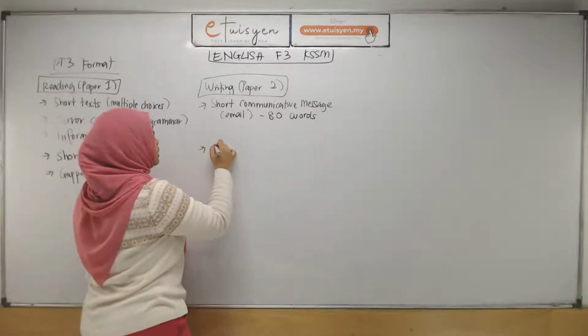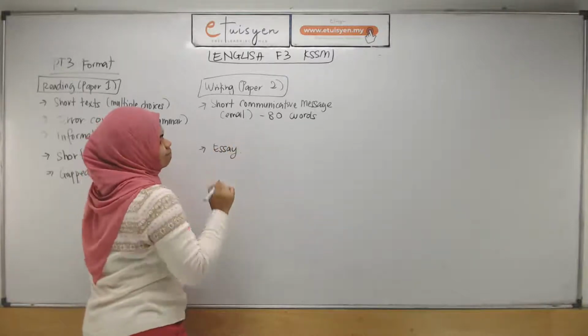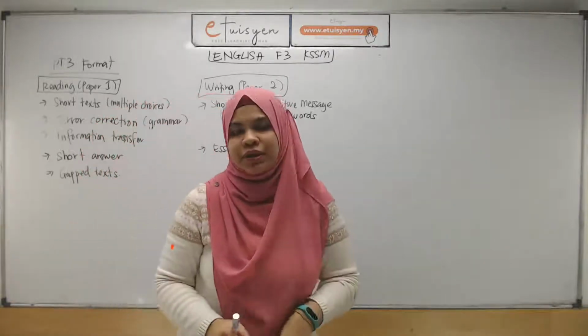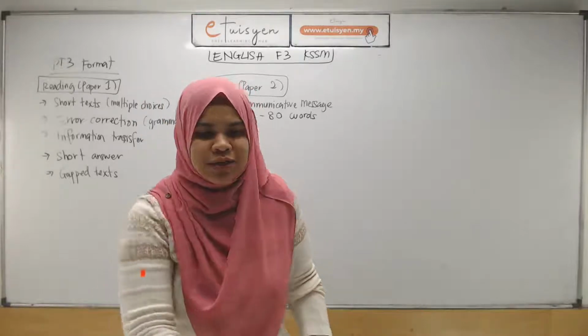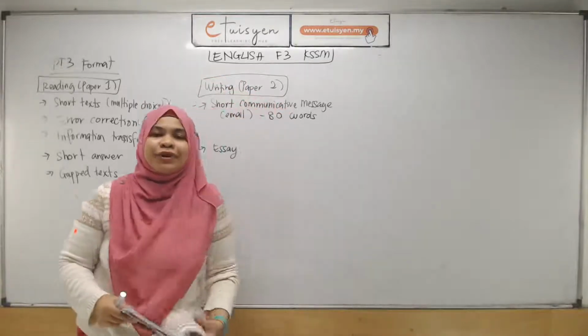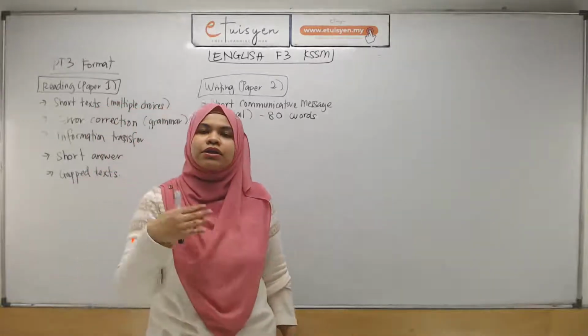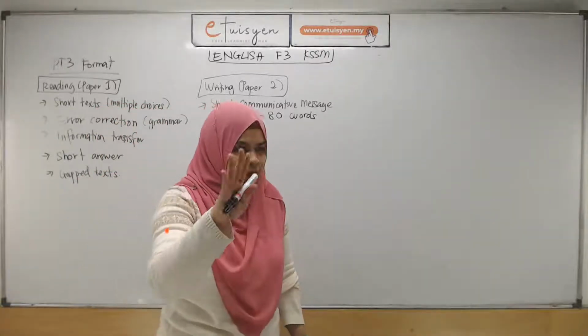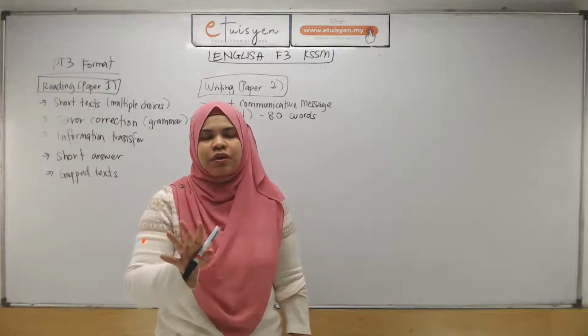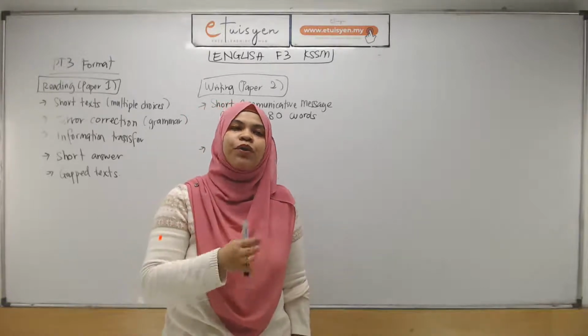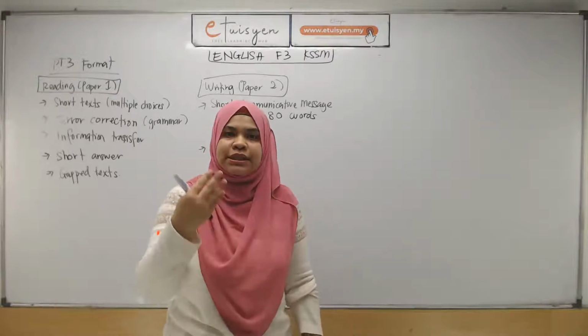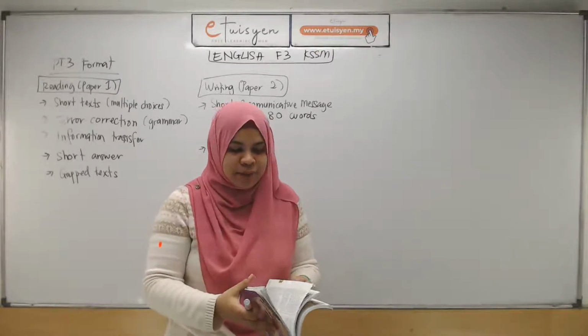Then the second one is the essay portion. Okay, so here, yang ni you kena tahu how to write letters, how to write stories ke, or descriptive, you need to describe scene ke, but they will usually give you some notes and then you just need to write about it.